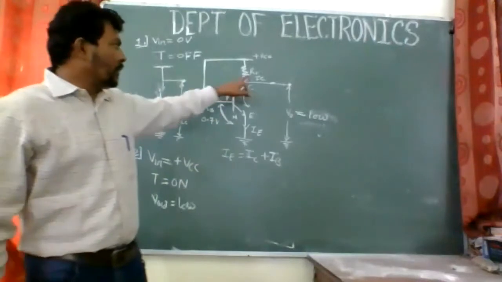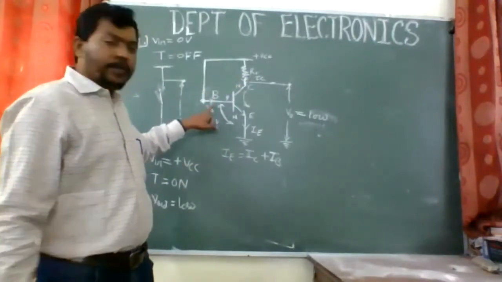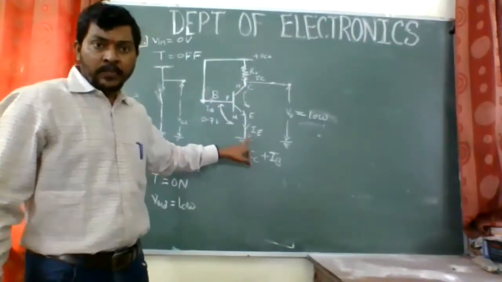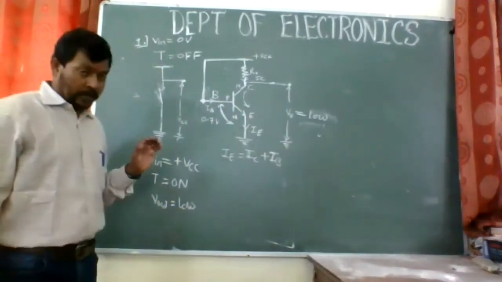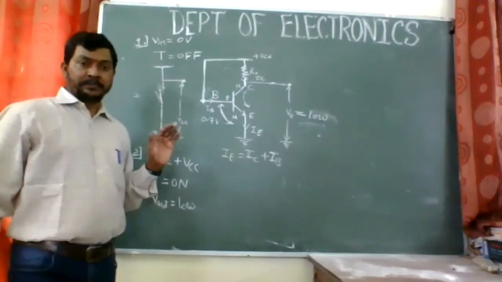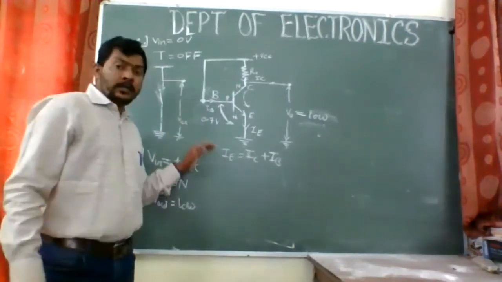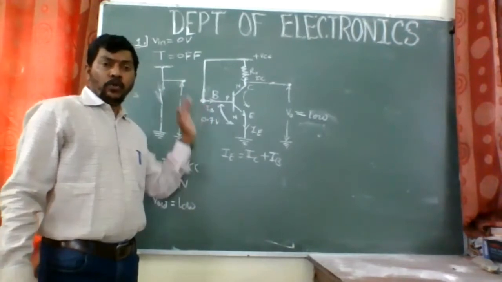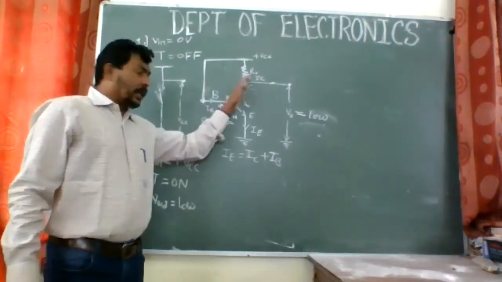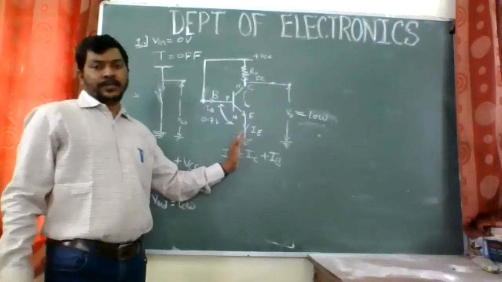So we have three currents: IC, IB and IE. The current is going to flow from the collector to the emitter, right?